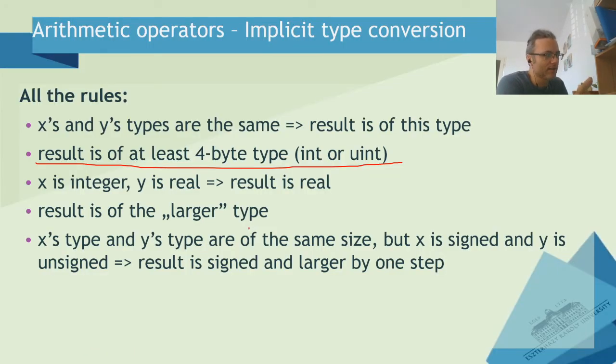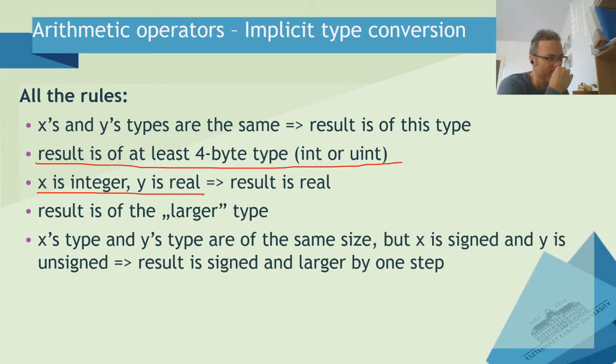So this second rule has a technical explanation. It has something to do with the processor architecture you are using. Anyway, just remember it. Okay, the third rule seems also obvious.